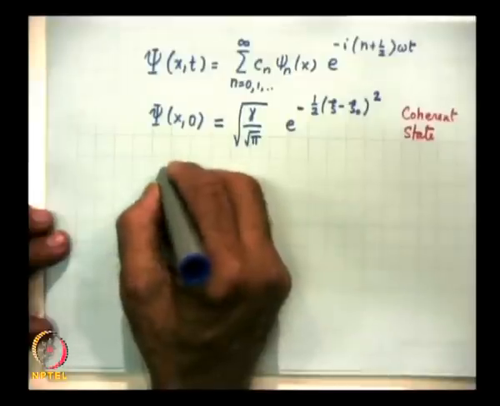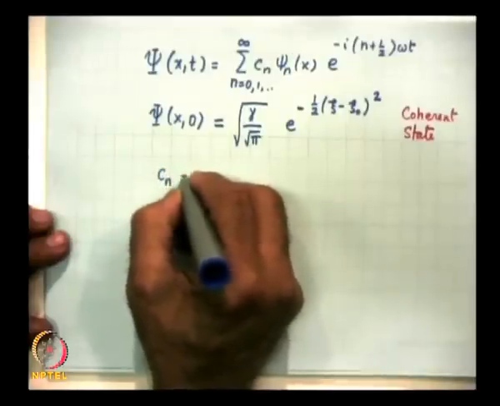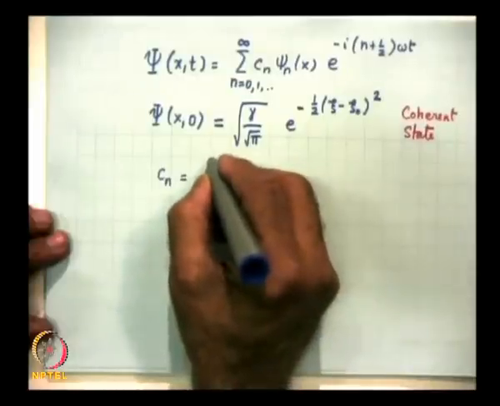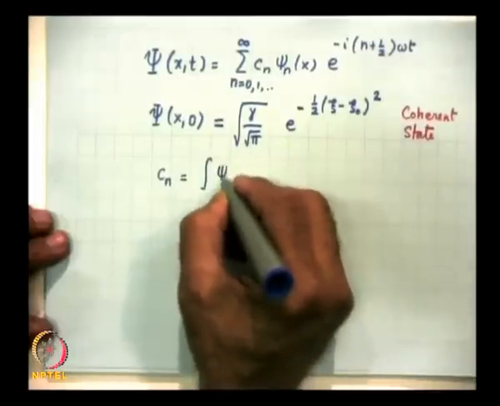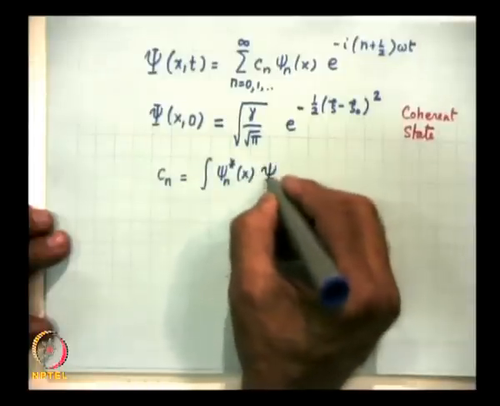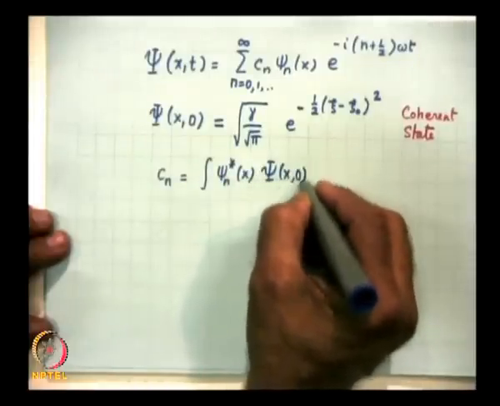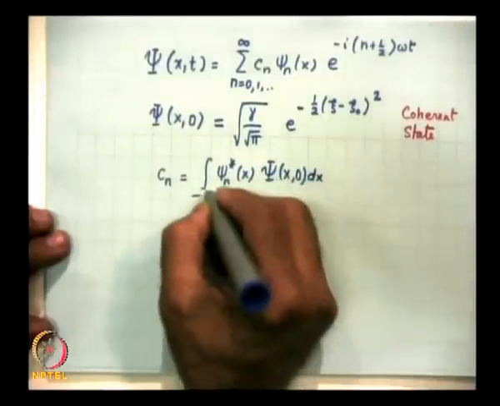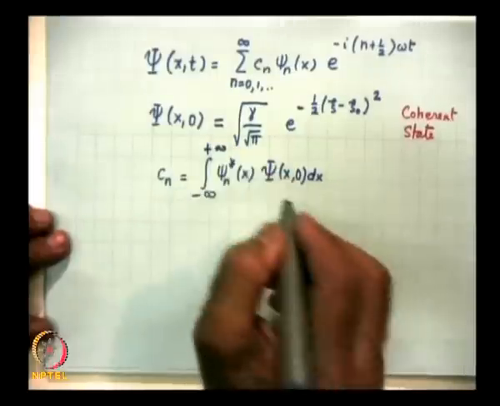I can find out C of n, and that will be the integral of psi n star of x multiplied by psi of x comma 0 dx. All limits are from minus infinity to plus infinity.